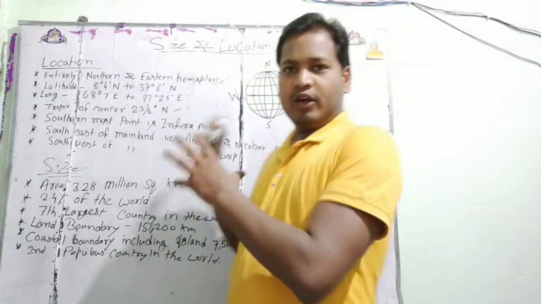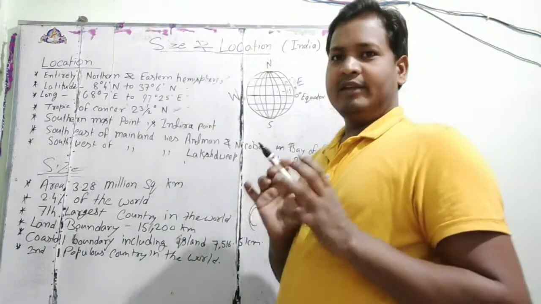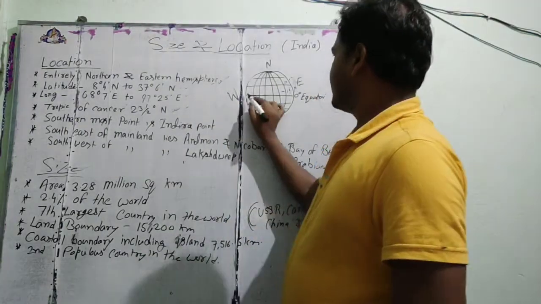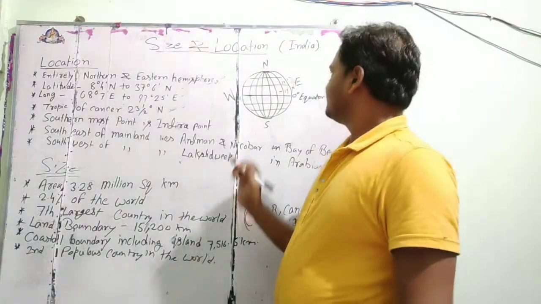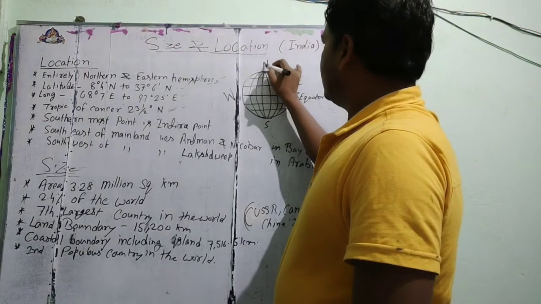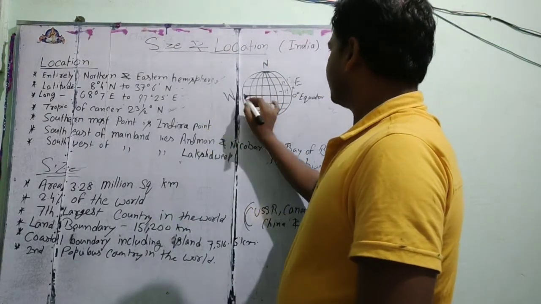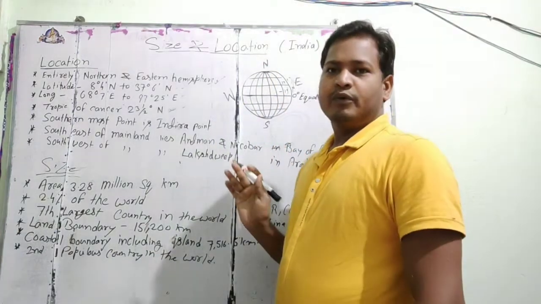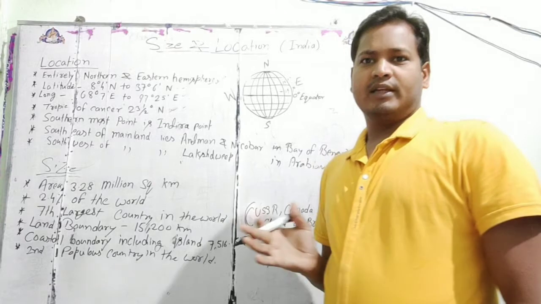Let's see on the globe where India is located. See here, I have drawn a globe on the board. That is North Pole, that is the South Pole, East and West. There are two types of lines that have been drawn on the earth.